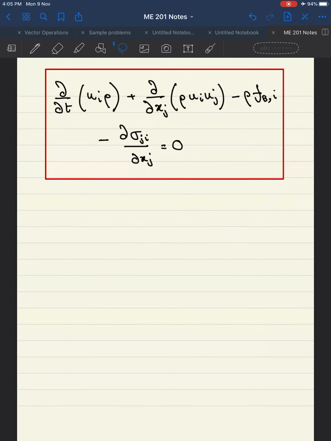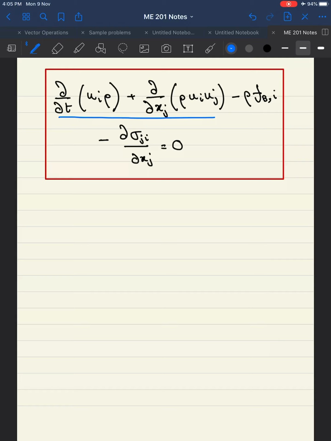We'll simplify this equation a little bit more, and in order to do that, look at these two terms here, the first two terms. Can we simplify this any further?